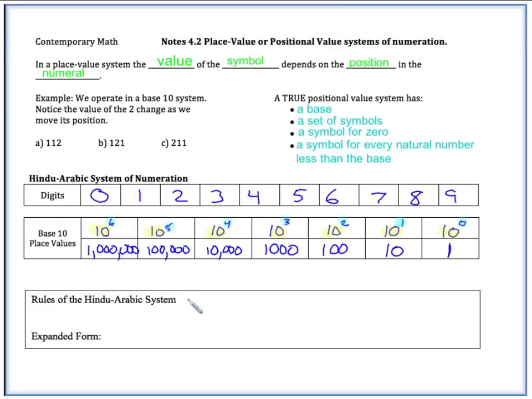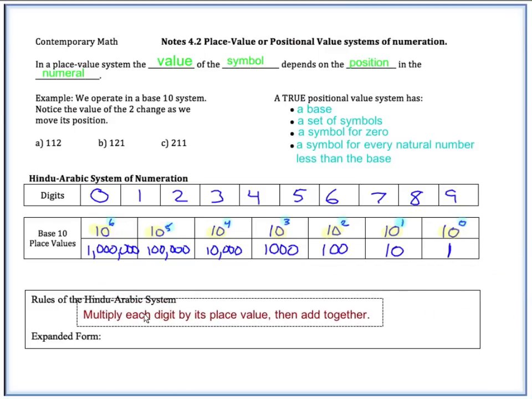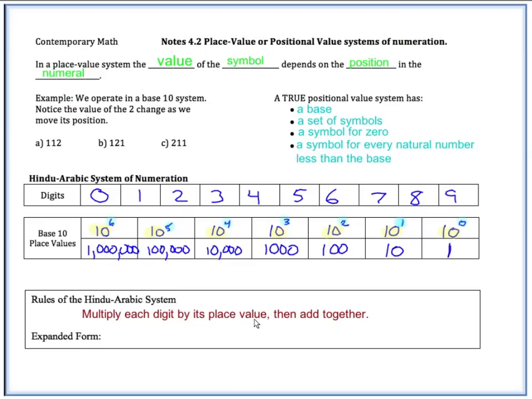The rules of the Hindu-Arabic system: you just multiply each digit by its place value and then add them together, and we get something called expanded form.